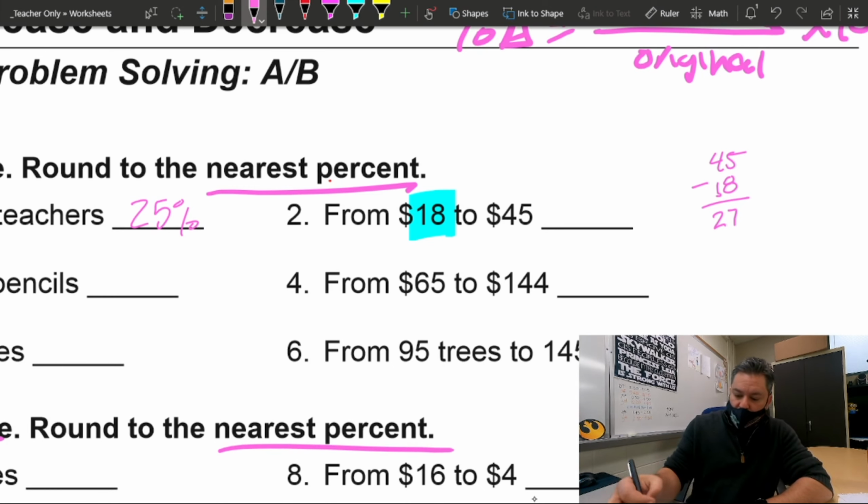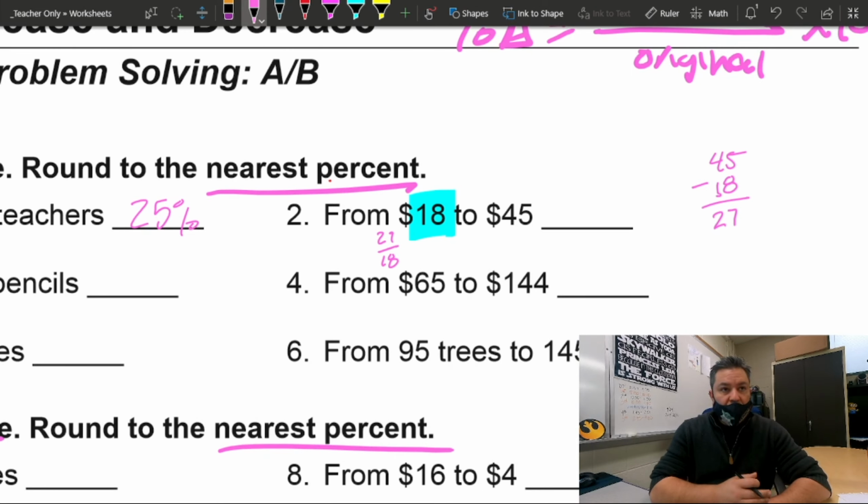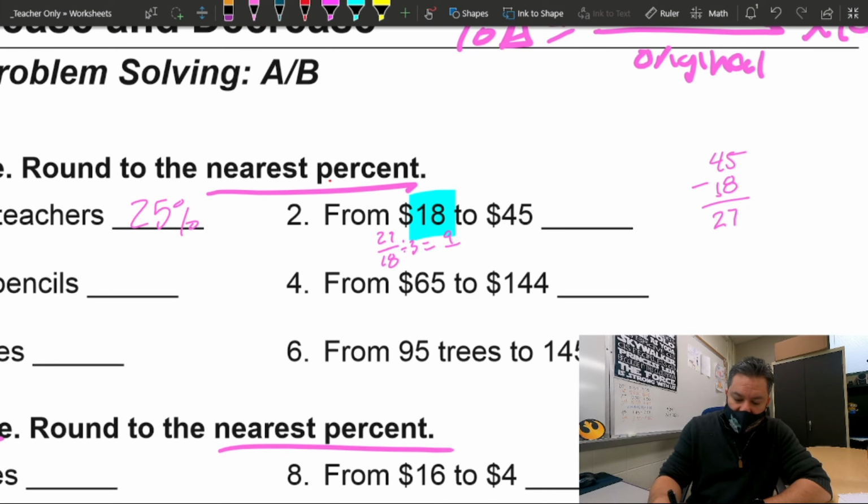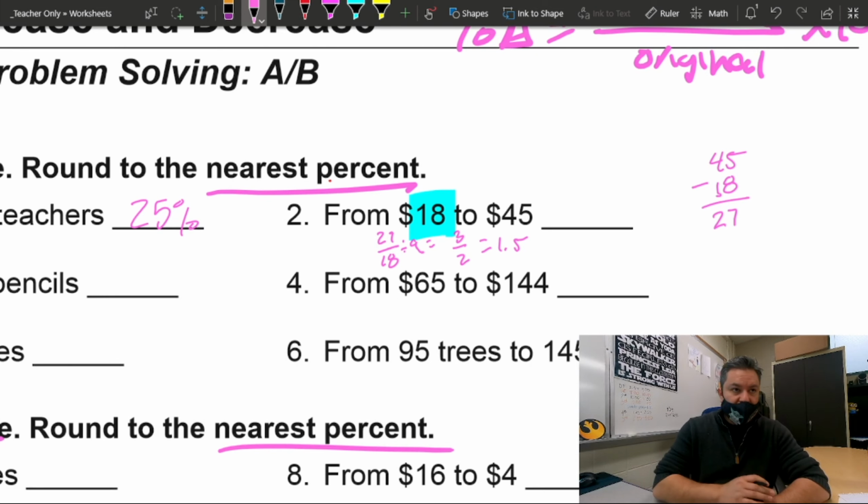So you're going to do 27 over 18. And at this time, you can simplify. I know that I can divide both of these by 3. So I'm going to get 9. Actually, I can even go higher than that. I can divide both of these by 9. So I get 3 over 2. At this point you do long division, and I get 1.5.